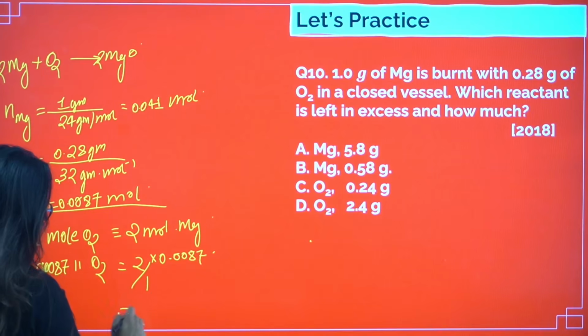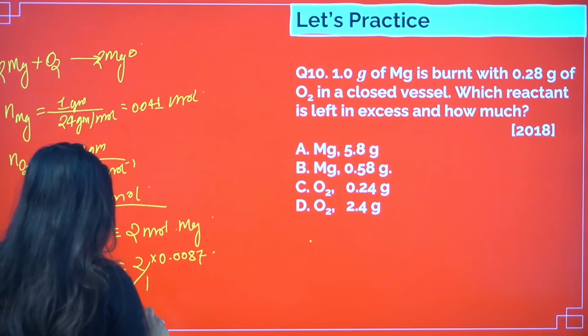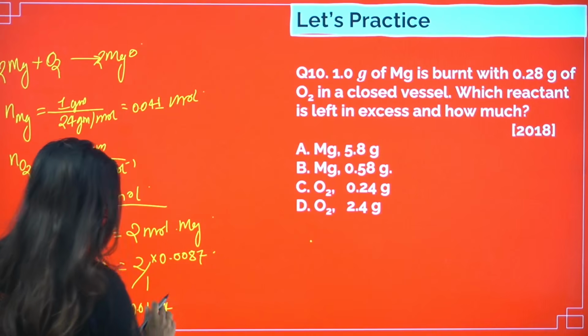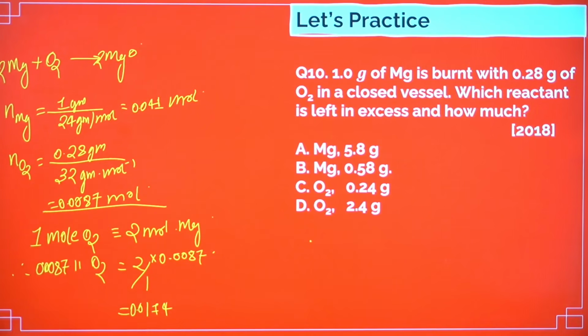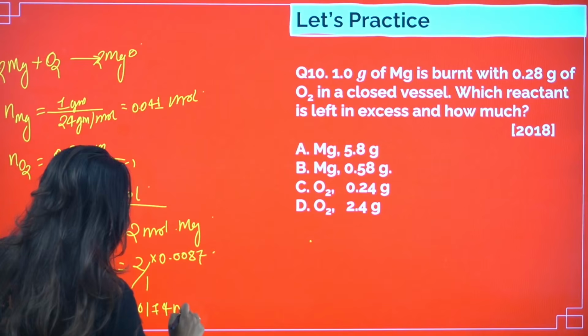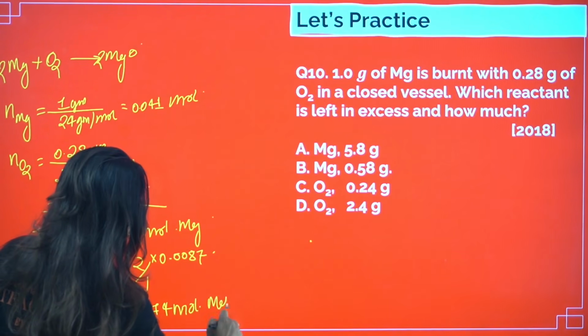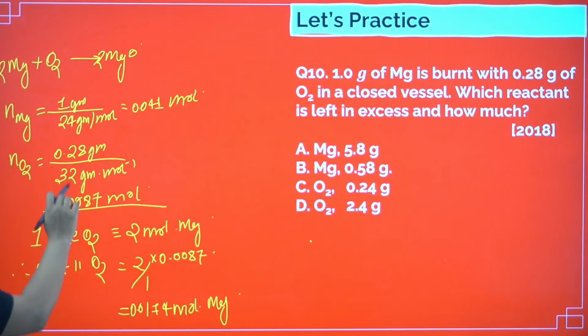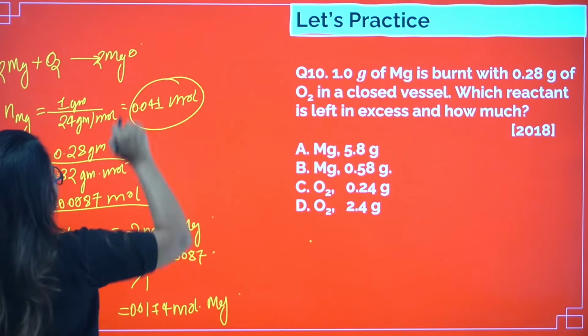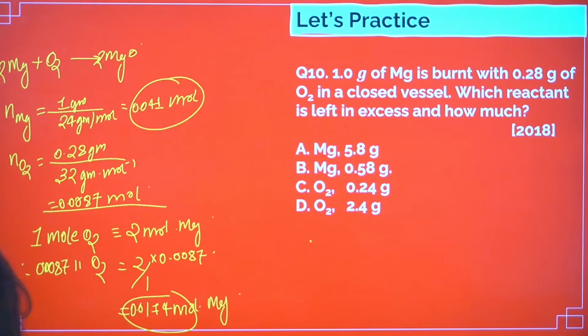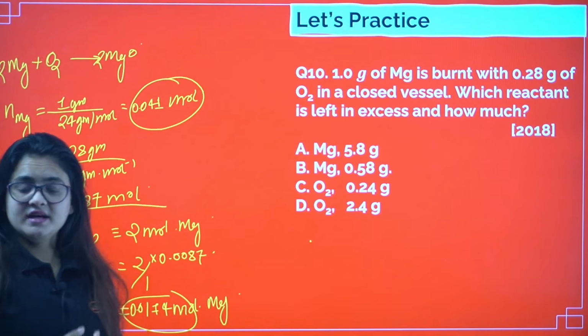If I calculate, it should come up to 0.0174. So this many moles of magnesium I need, but see how much is supplied. Supplied is 0.04 and I need 0.01.